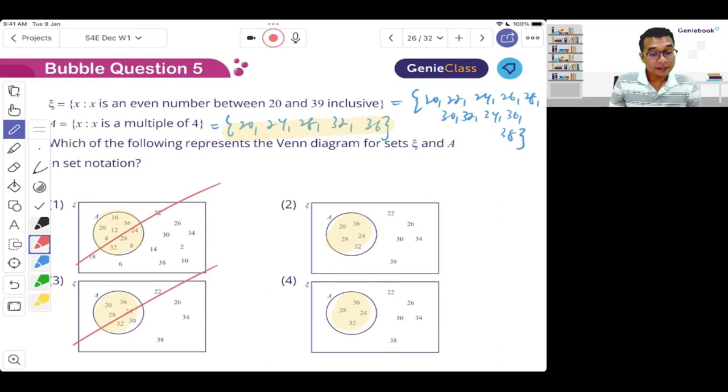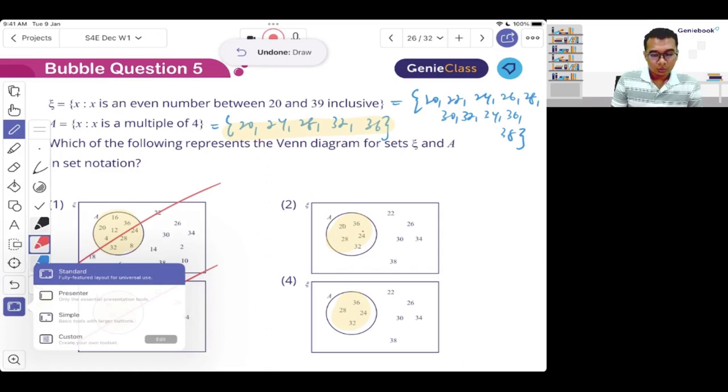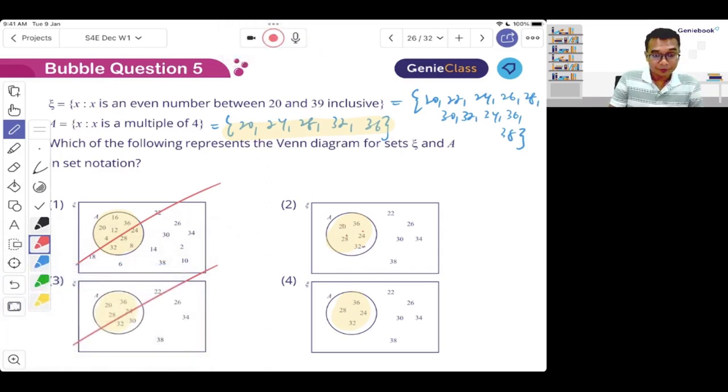Oh, then there's something else that's wrong. It's the elements in set A. It should be 20, 24, 28, 32, 36. It's very subtle. So 20, 24, 28, 32, 36.